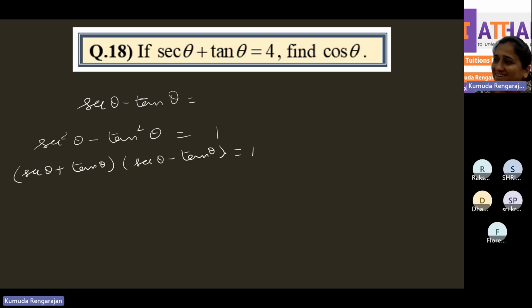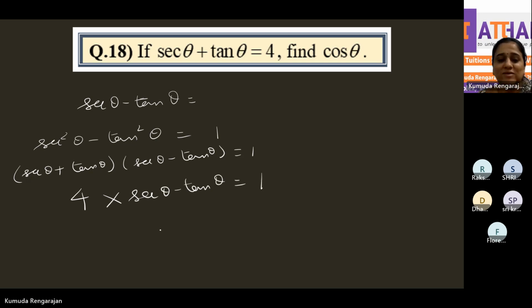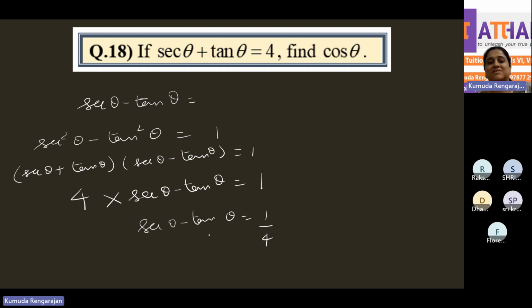So now secant theta plus tan theta is 4, into secant theta minus tan theta is equal to 1. So what is secant theta minus tan theta? 1 by 4. Remember this, children. MCQ. If secant theta plus tan theta is 4, secant theta minus tan theta is 1 by 4.